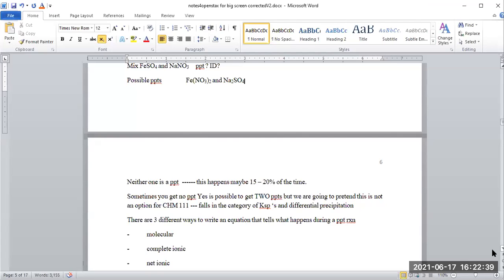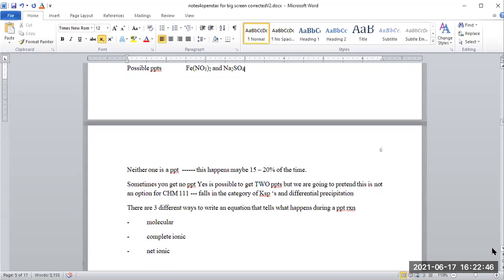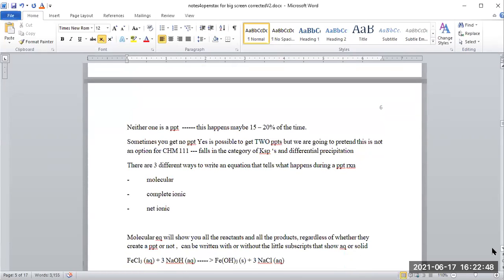So we need to be able to write some equations for all of these precipitation reactions. There are three main categories of equation. The first one is called molecular, and then there is complete ionic, and then there is net ionic.